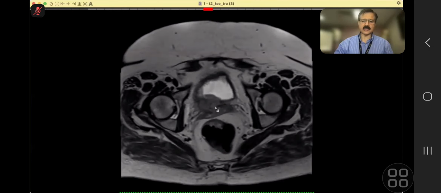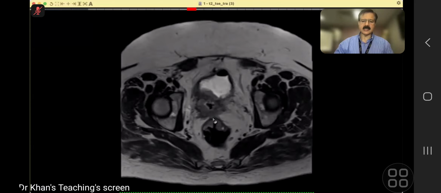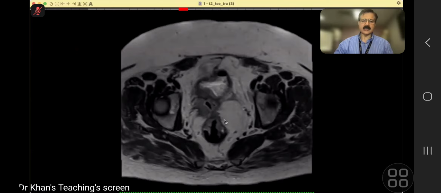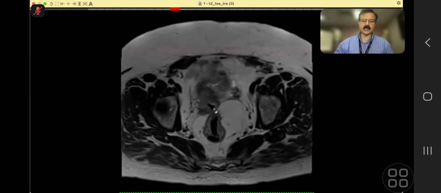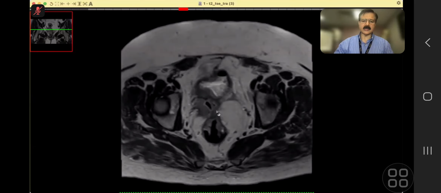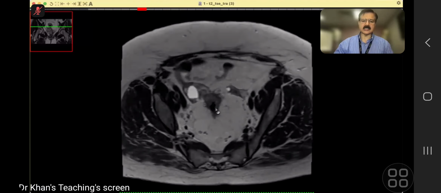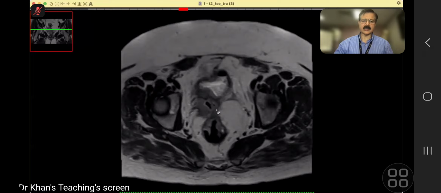Develop your eyes. You can see how it goes into it. And now you can see it is going into the sigmoid. One exophytic component is there, and you can see this air going here. And you can imagine the same thing on sagittal, how it will look.